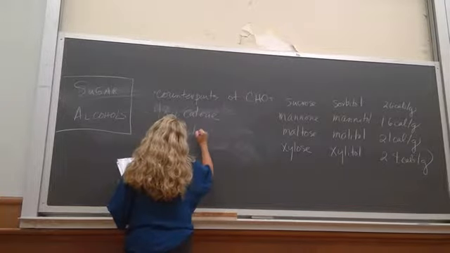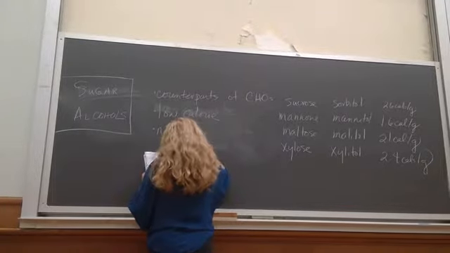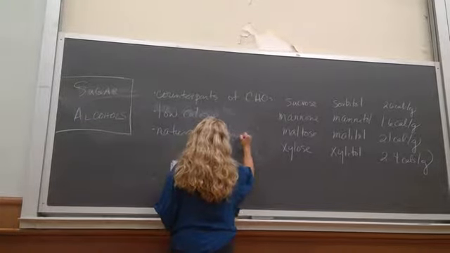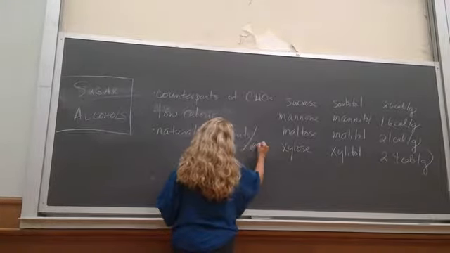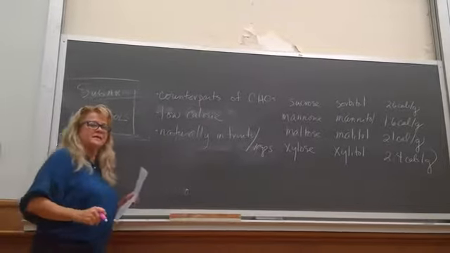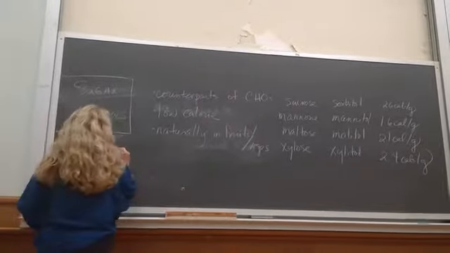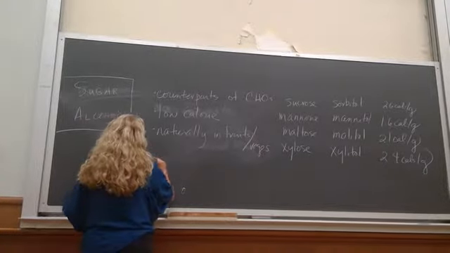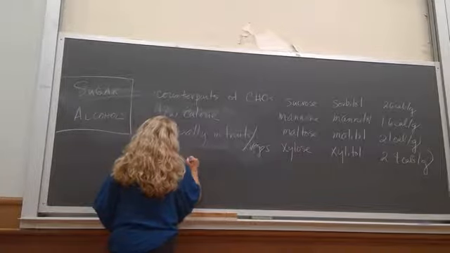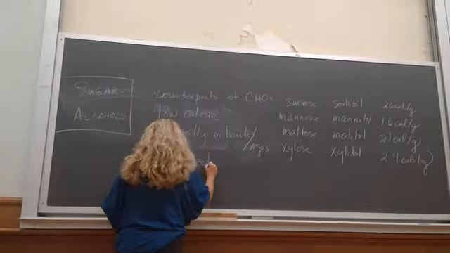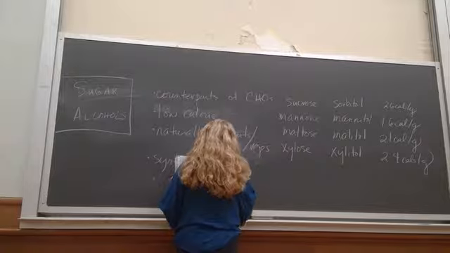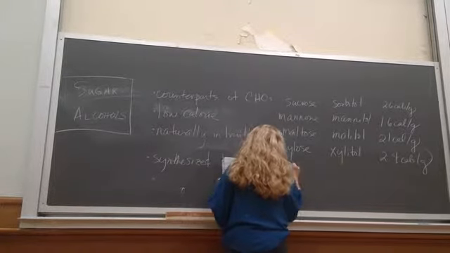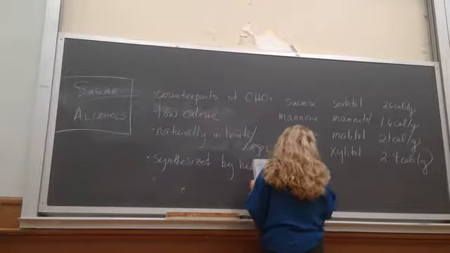They're found naturally in fruits and vegetables. Can I write veggies like that? Is that clear to everybody that does vegetables? But they're also made in the lab. They're synthesized in the laboratory by hydrogenating sugars.